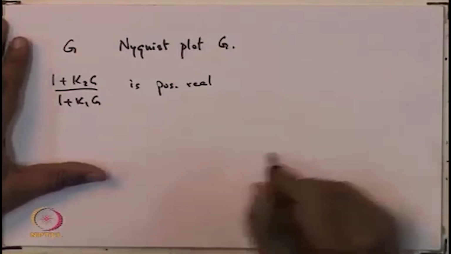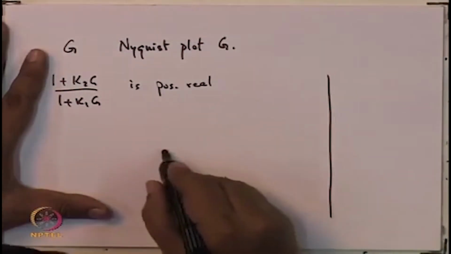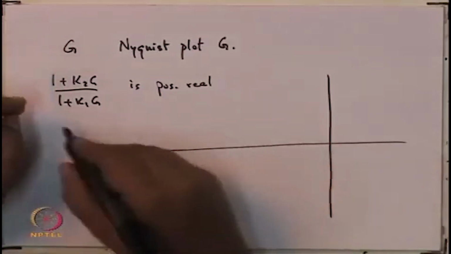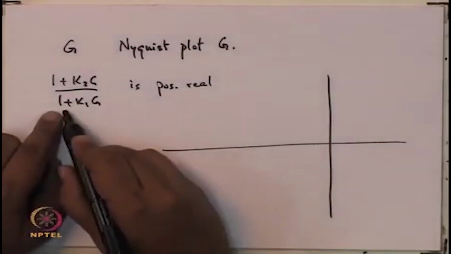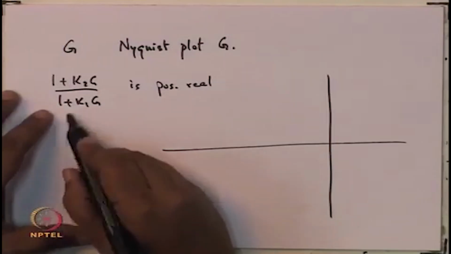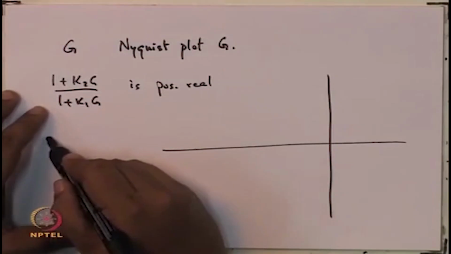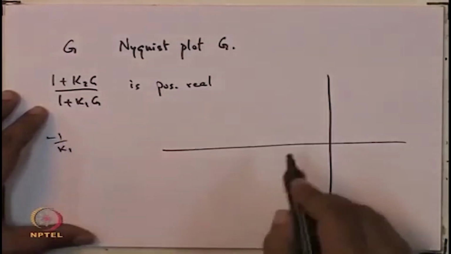Okay. And then in the last class, I sort of demonstrated how we do this checking. So, one thing you do is, if you look at the denominator, this gives that a pole of the system is when G is equal to minus 1 by K1.